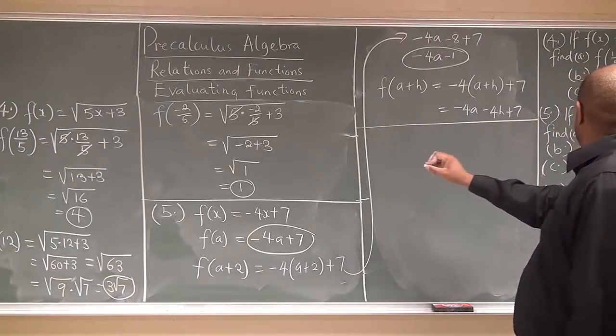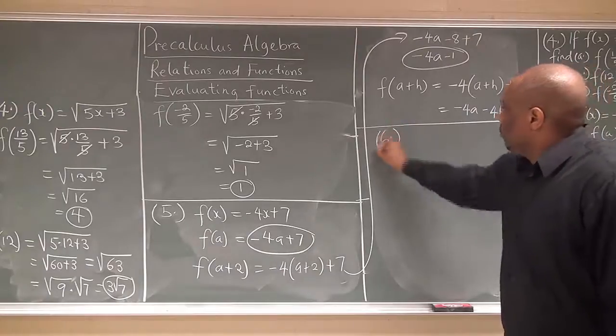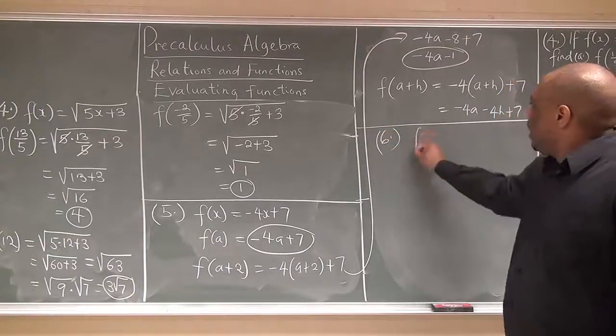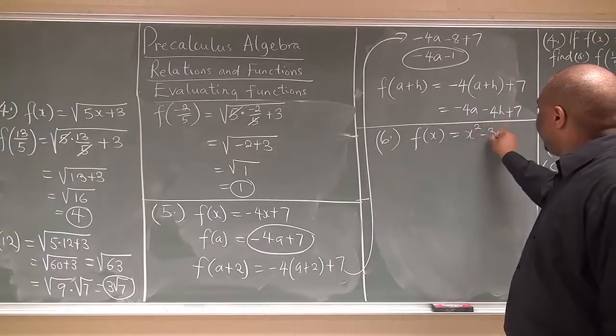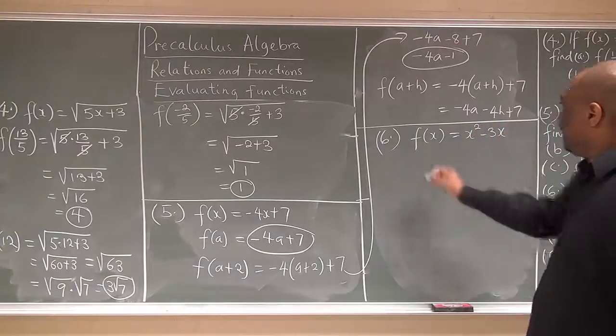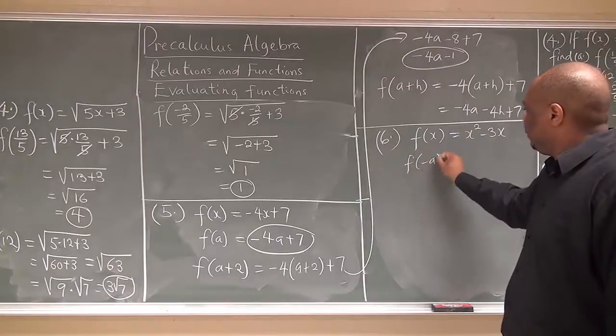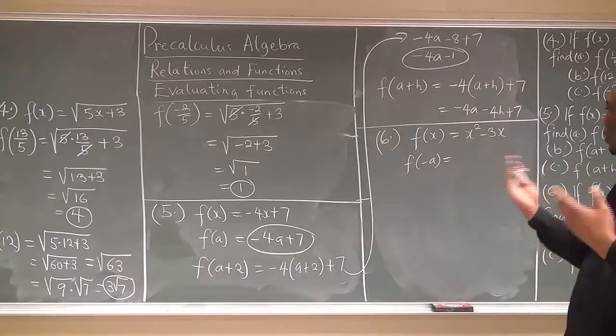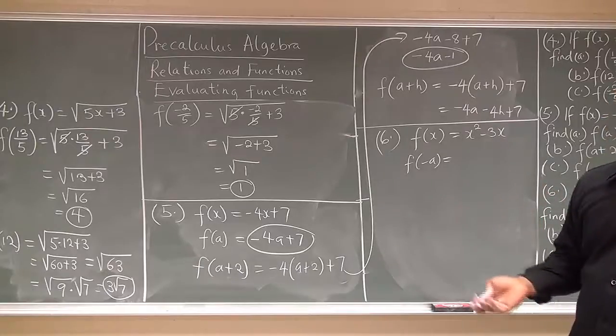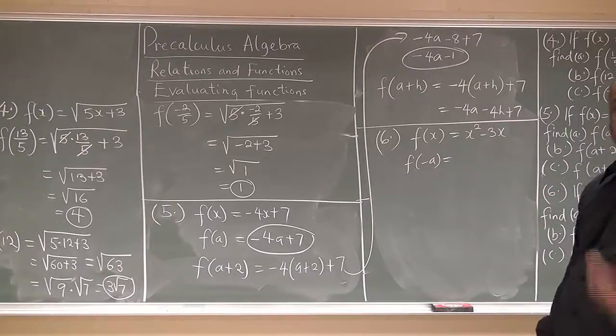Question 6. Question 6. F of x is x squared minus 3x. Find f of negative a. Find f of negative a. So here we replace x with negative a. Okay, that is what we do.